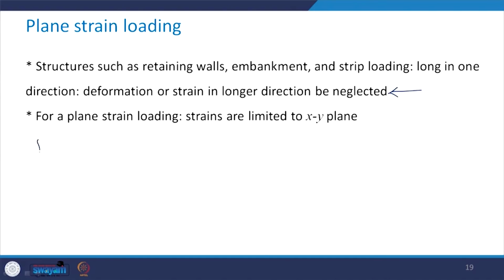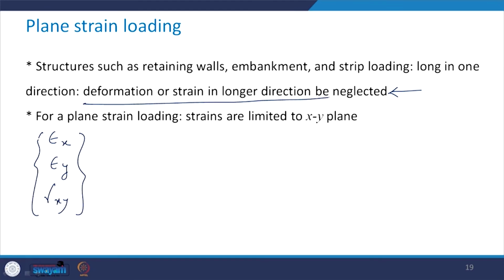So we have first the strain vector, which is epsilon x, epsilon y and gamma xy, because I mentioned that deformation or the strain in the longer direction can be neglected. So I assume that the longer direction is z, and you will not see any strain component in that z direction.